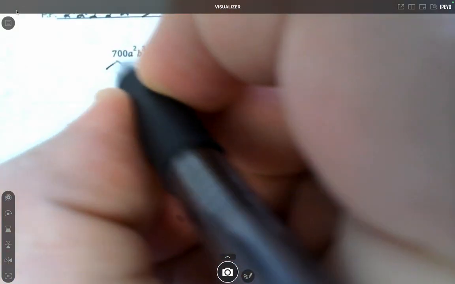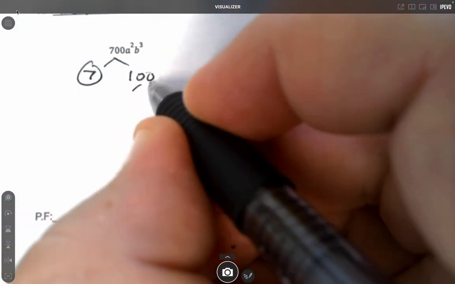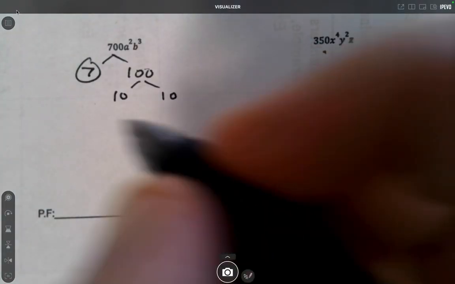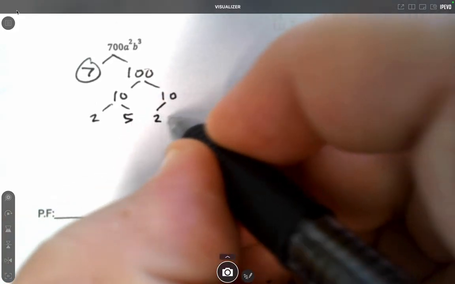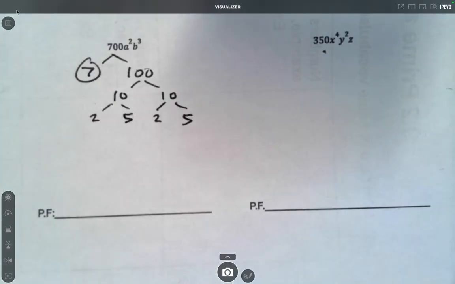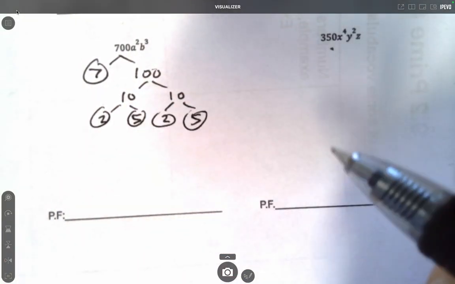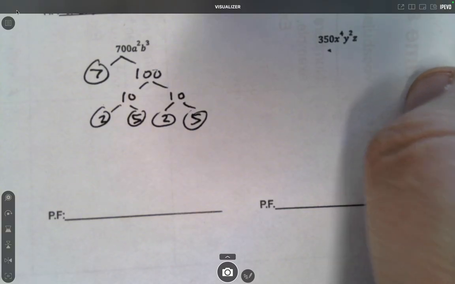700. Okay, I'm going to think 7 and 100. 7's prime. 100 I'll use 10 and 10. Neither are prime. 10 is 2 and 5. 10 is 2 and 5. Those are all prime. Now, a question you may be asking, I can't remember if I mentioned this earlier or not.